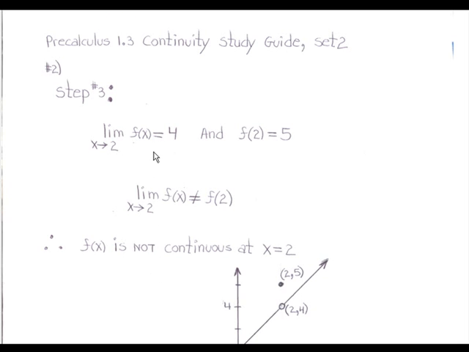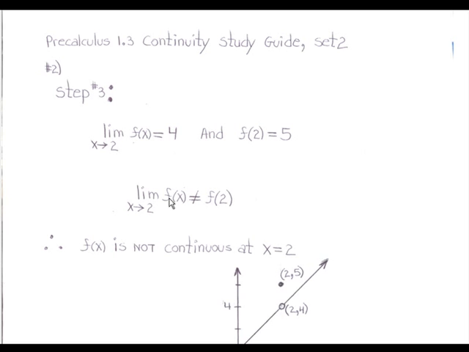Step 3. Well, we saw from step 1 and 2, in step 2, going backwards, that the limit of f of x as x approaches 2 is equal to 4. And in step 1, we saw that when x was equal to 2, the functional output was defined to be equal to 5.